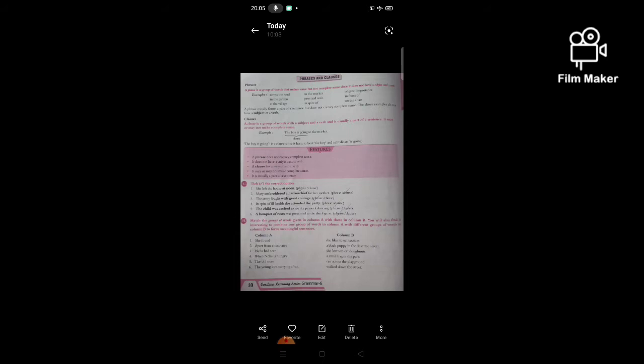In case of sense, it may make sense or may not. We have an example: the boy is going to the market. In this sentence, the boy is going is a clause. It contains a subject, the boy, and a verb, is going, and also it is a group of words. So we can say it is a clause here.